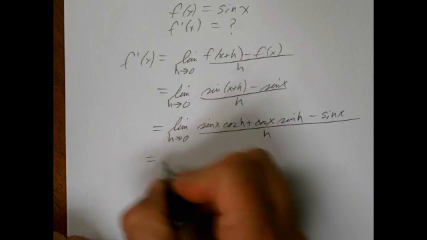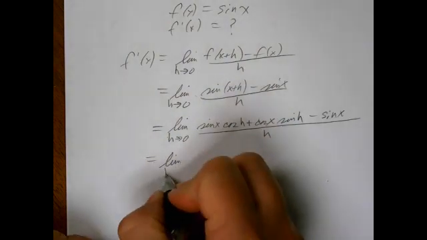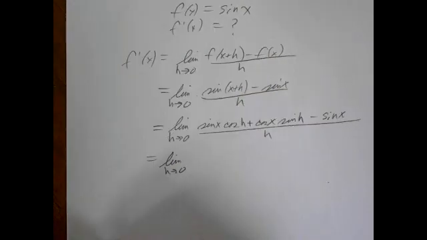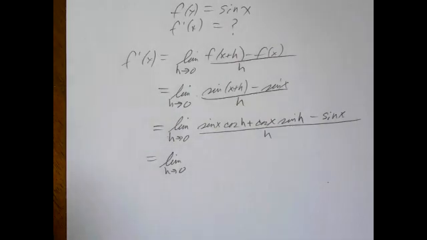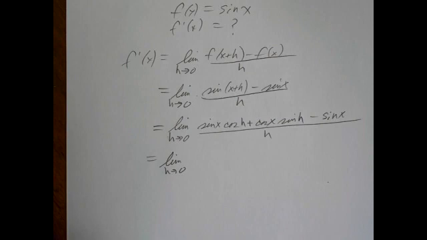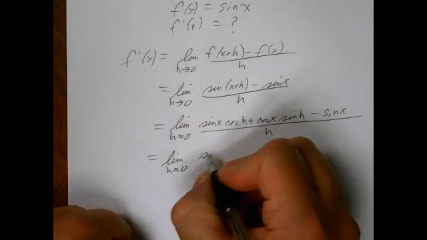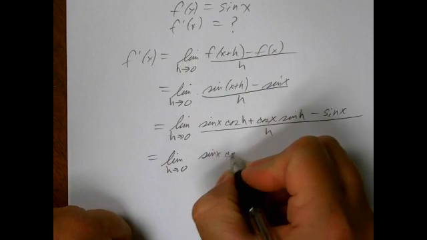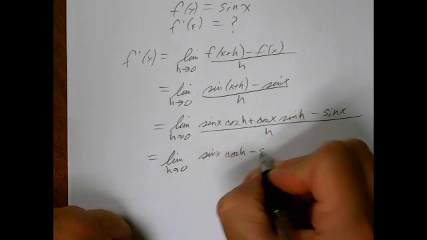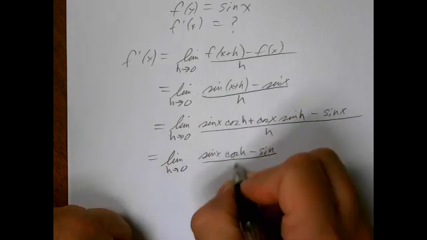Now we are going to split this fraction up because I would like the sine function to become a GCF while the two limits that we talked about show themselves. So I want, in particular, sine of x to become a GCF. So I'm going to split it up like this. Sine of x cosine of h minus sine of x over h.